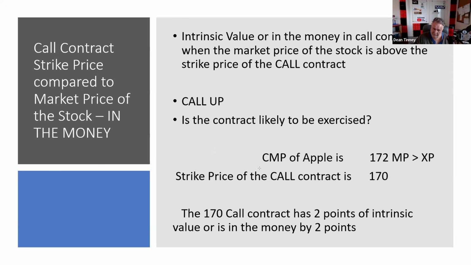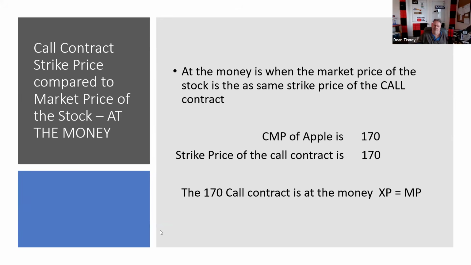I used to make my baby brokers write 1,000 times, options are a wasting asset. Time value erodes. At expiration, the option contract is only going to be worth its intrinsic value. If it has intrinsic value, the contract will be exercised. If it has no intrinsic value at expiration, the contract will expire worthless.